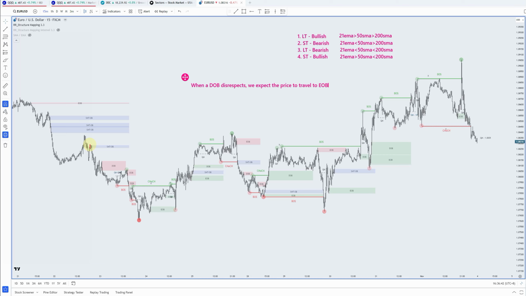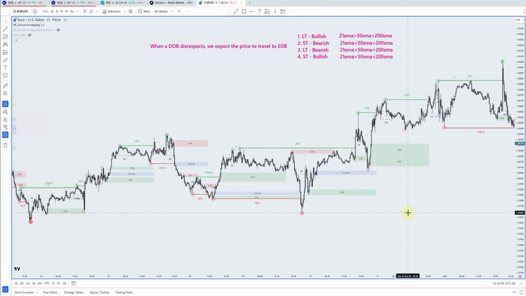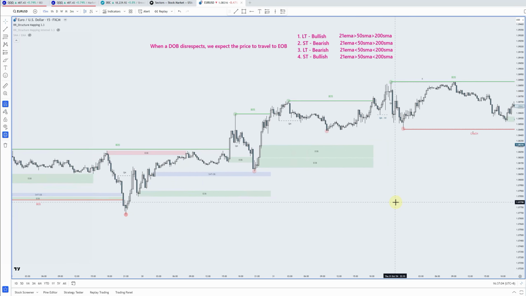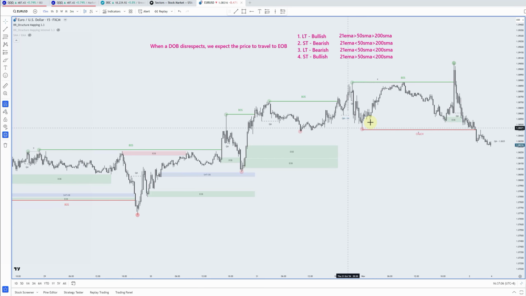This happens many times. Now you need to add one additional layer, and that additional layer is this one. So let's put it here, and now we check step by step. Let's say this is the most current price action.